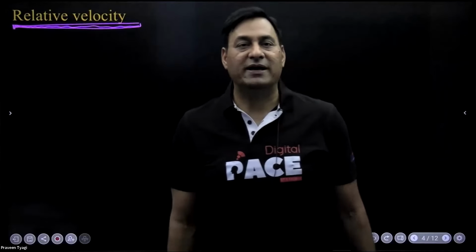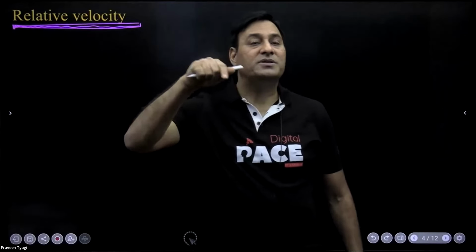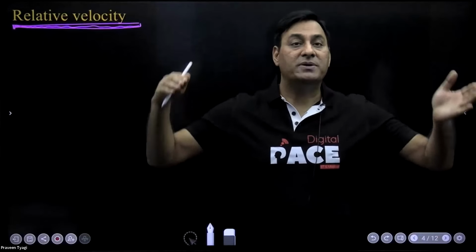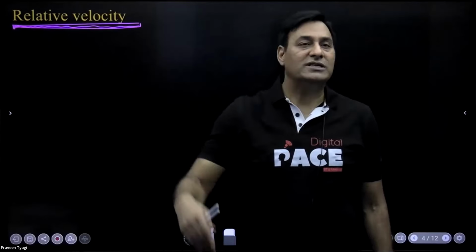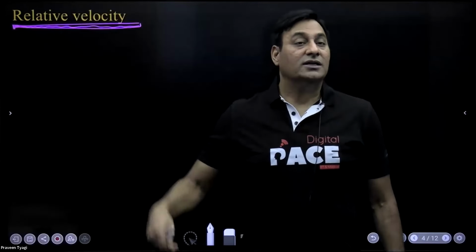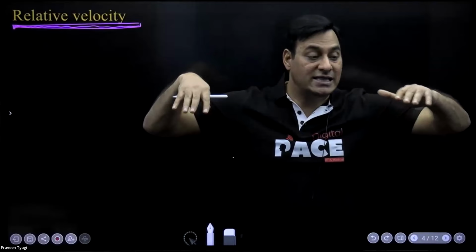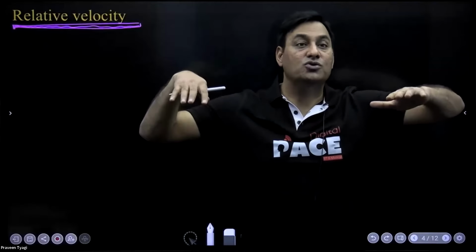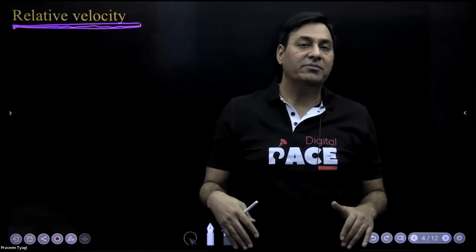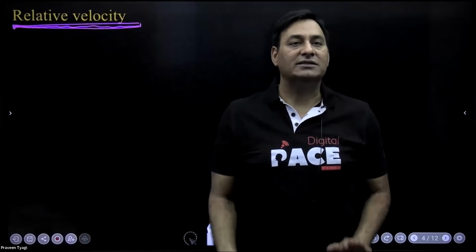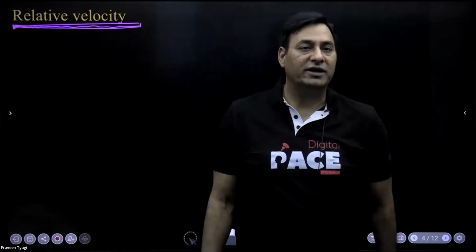So, children, please pay attention. If anyone who's in this room or anyone who's on the surface of the earth is observing me, for him, he will feel that I'm at rest. The way you are feeling.